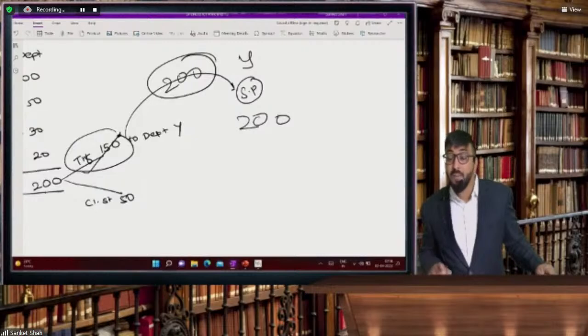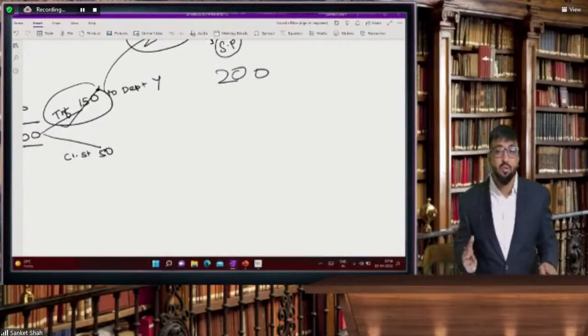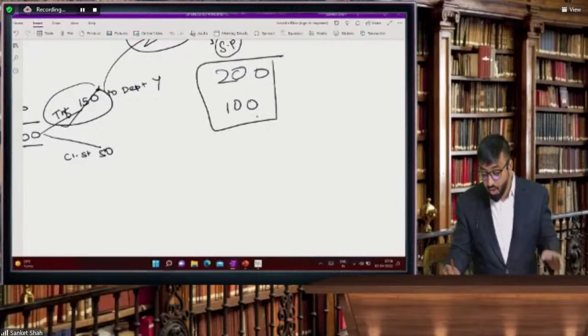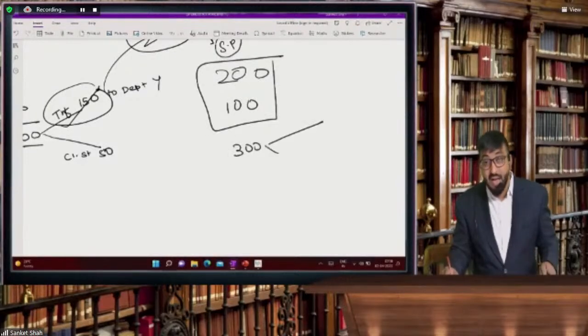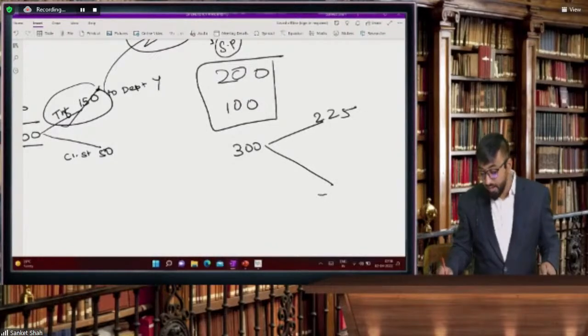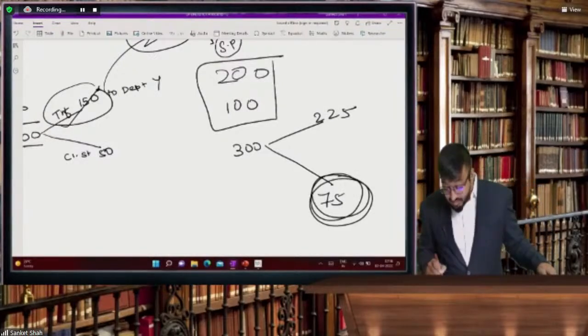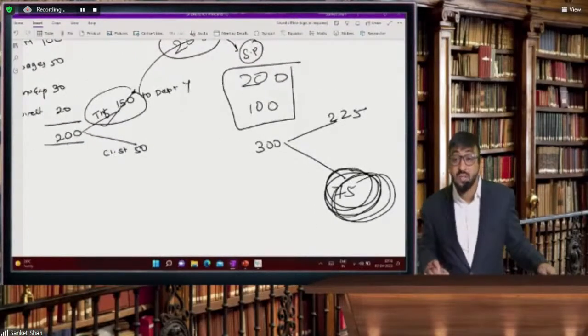If Y department has costing of rupees 200 and they have own direct material and direct expenses of rupees 100, now their cost is 300 rupees. Suppose they transfer 225, and they have closing stock of 75, but this closing stock includes unrealized profit.